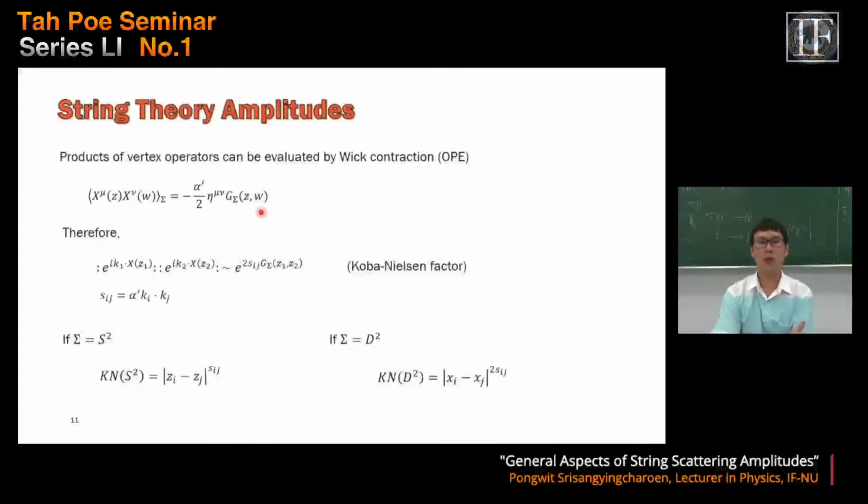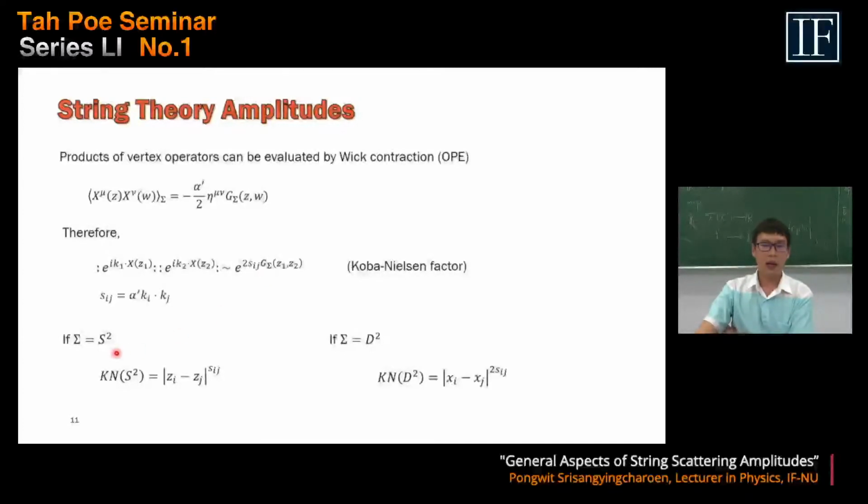And by using this Wick contraction, we can use this as a basis to calculate the expansion of the product of 2 exponentials, which is proportional to the exponential of the Sij times the Green function, where the Sij is basically the product of 2 corresponding momenta, Ki and Kj, and as I said, G is a Green function.